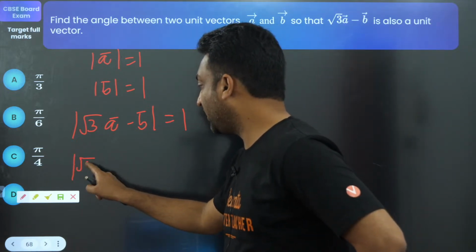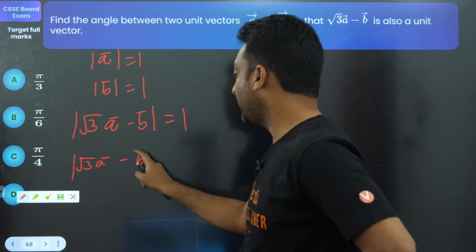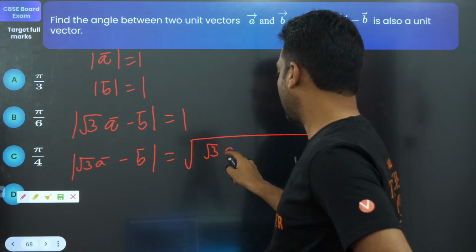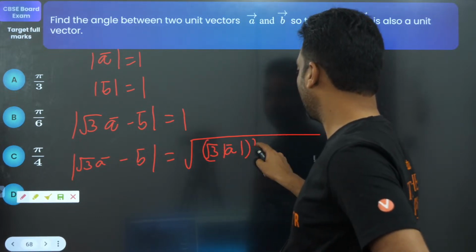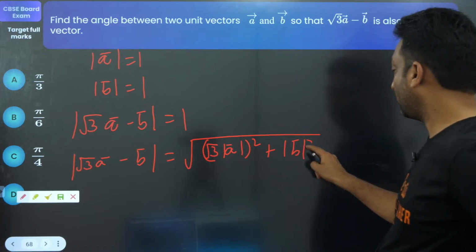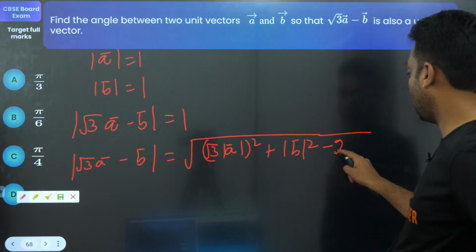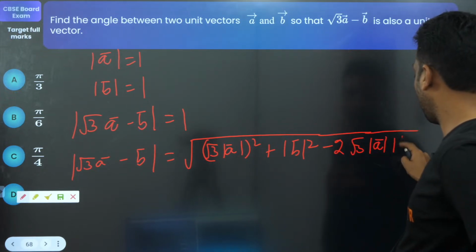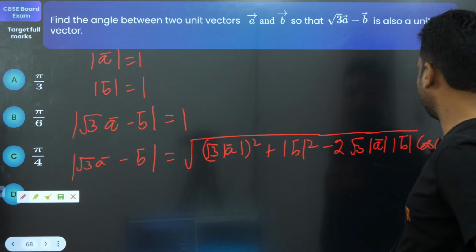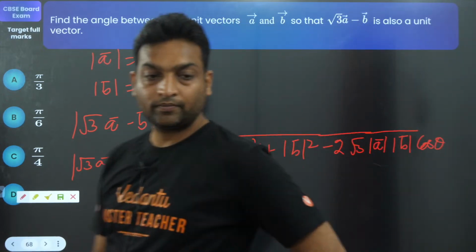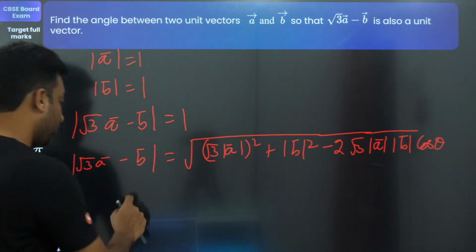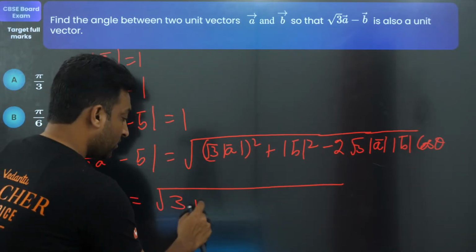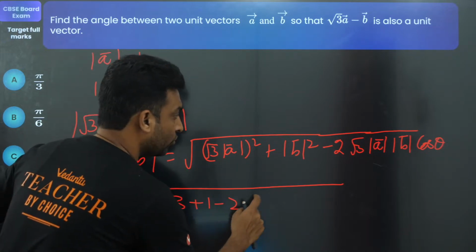Mod of root 3a minus b will be the square root of root 3 mod a whole square plus mod b whole square minus 2 times root 3 times mod a mod b cos theta. Use this. This value is 1. This value mod a is 1, so 3 plus 1 minus 2 root 3 cos theta.